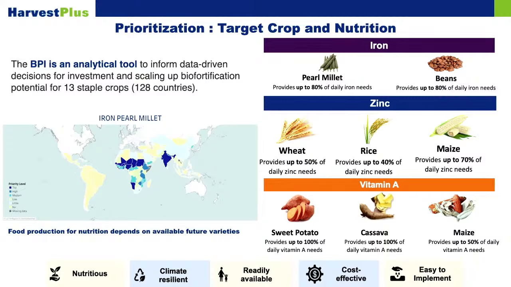The priority comes: as with pathogens, there is a nutrition list as well. We target only those three nutrients that cause, among the top 10, the death cases as per the World Health Organization: iron, zinc, and provitamin A.